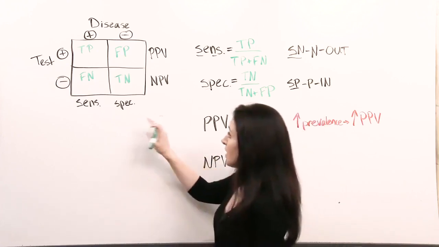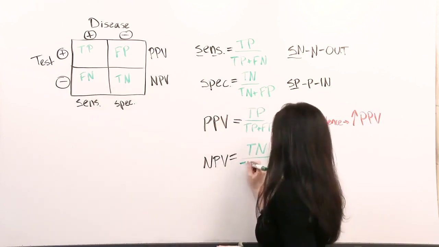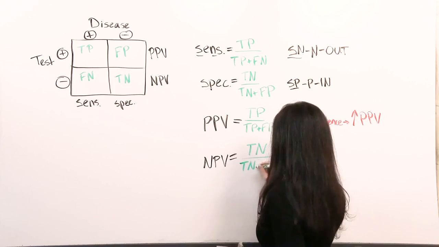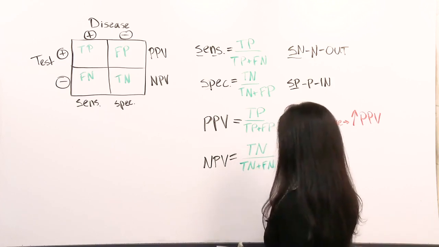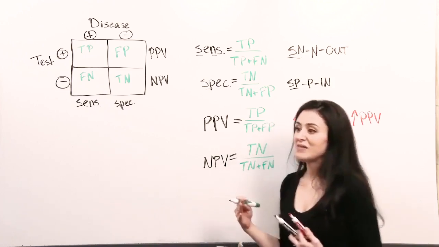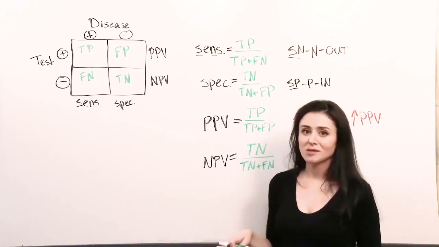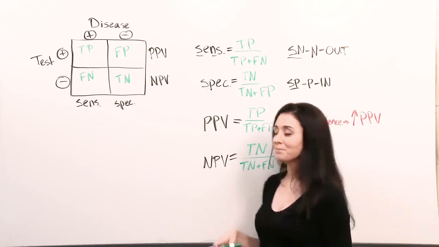And our denominator is the sum, false negative and true negative. And similar to positive predictive value, if you get a negative test result, you want to know how likely is it that you actually are disease-free.